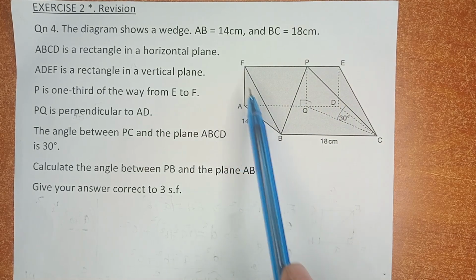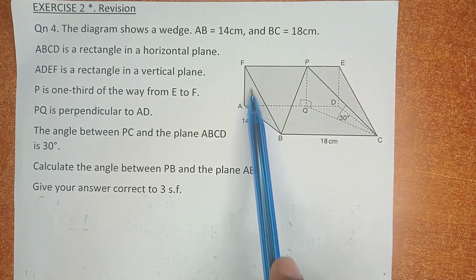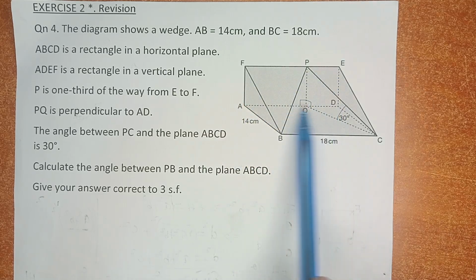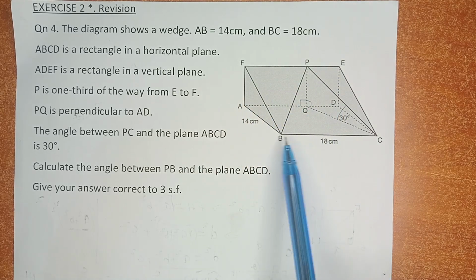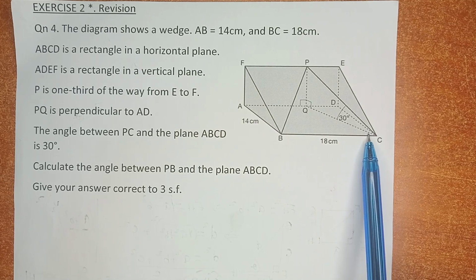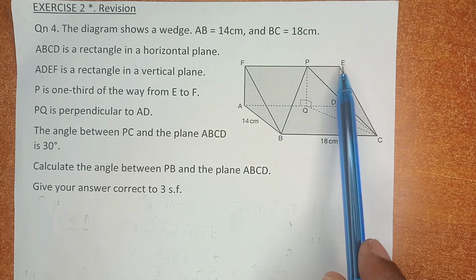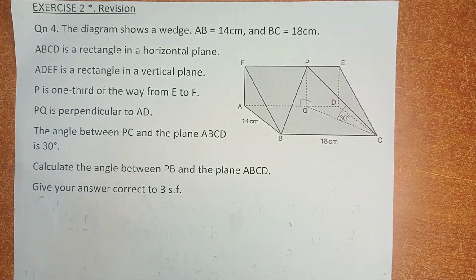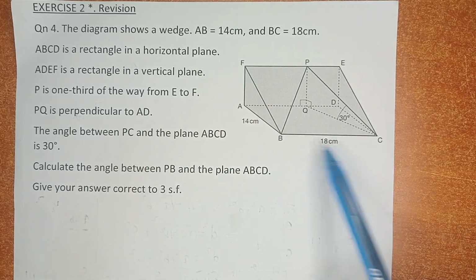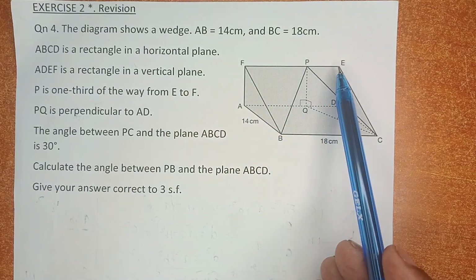And since the base is a rectangle and this one is a rectangle, BC is very much equal to FE, or CB is equal to EF. Because if this is 18, the whole of this one is also 18.